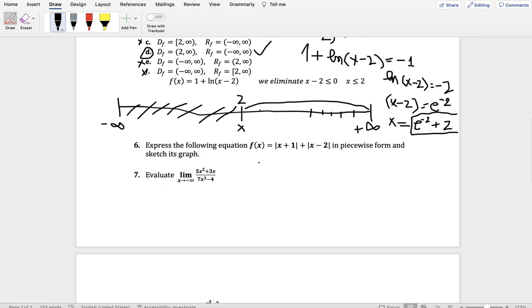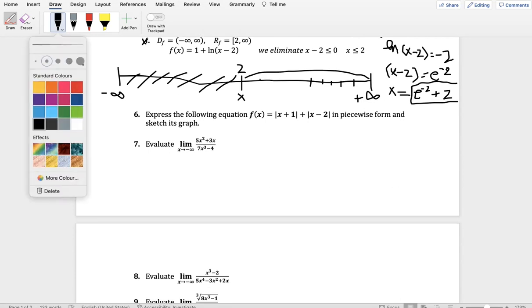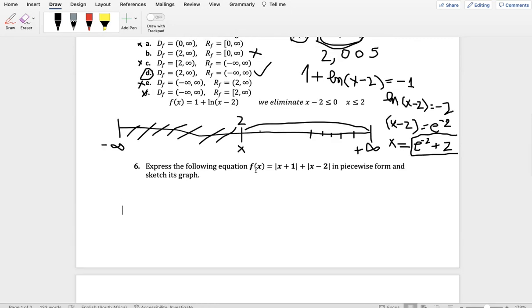Right. So moving on to question 6. Here, again, we're looking at absolute values. Let me just copy this.